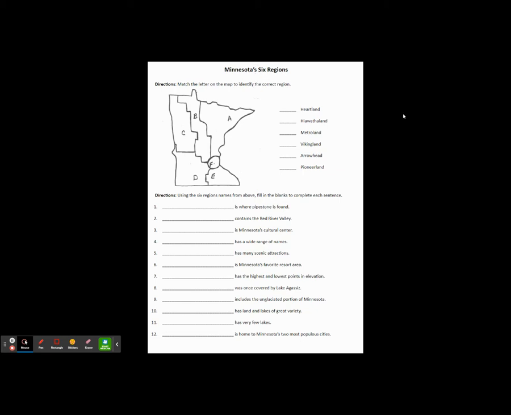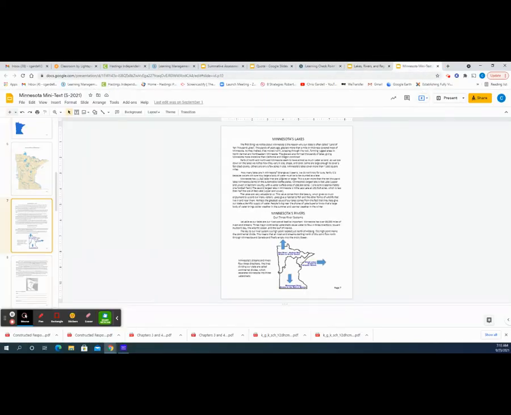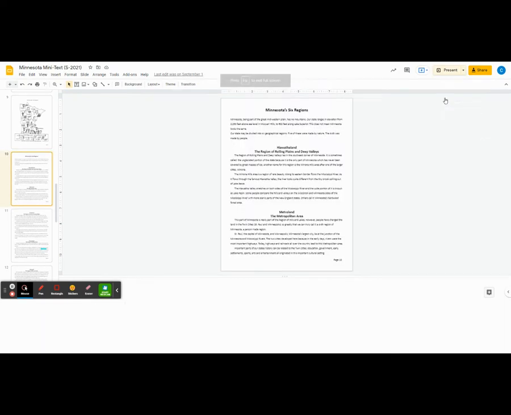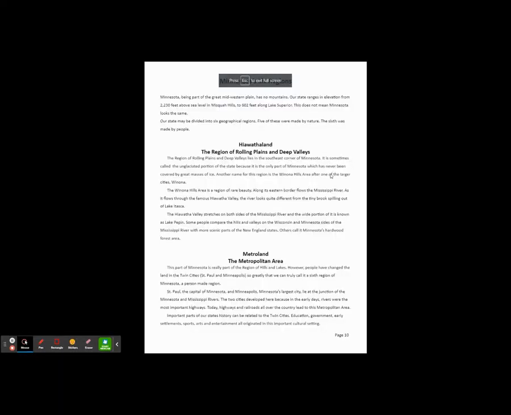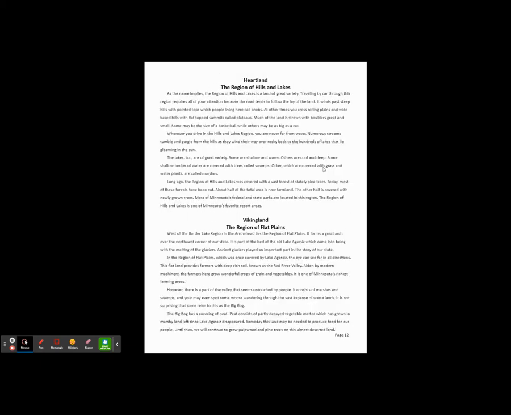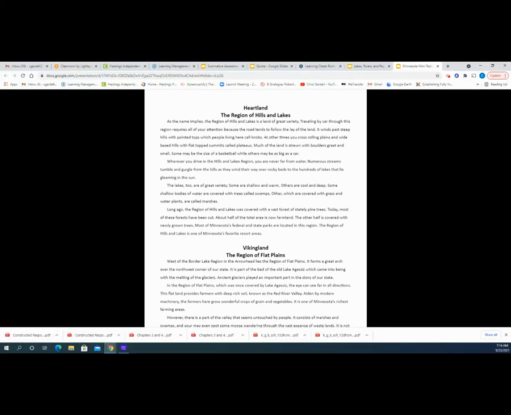If you don't have this completed, then yes, you will need to go into your Minnesota mini text, scroll down to page 10, and skim through pages 10, 11, and 12, and look at what we highlighted and look for the word Lake Agassiz. I'll give you some time to do that right now before we move on to question number 5.